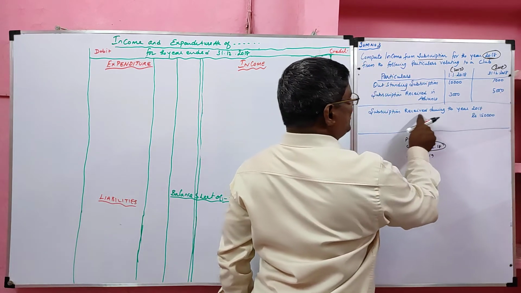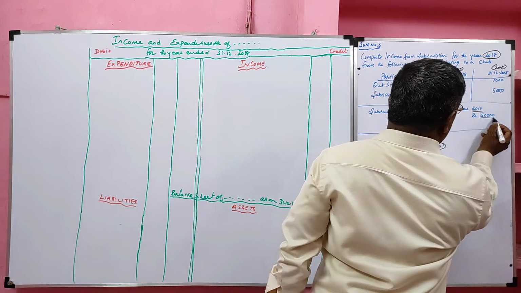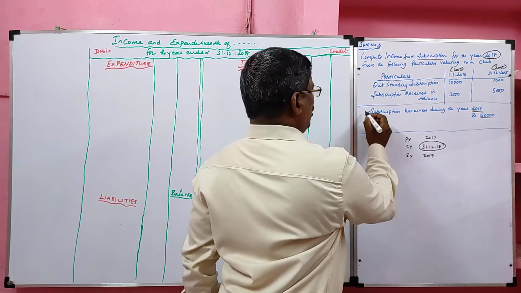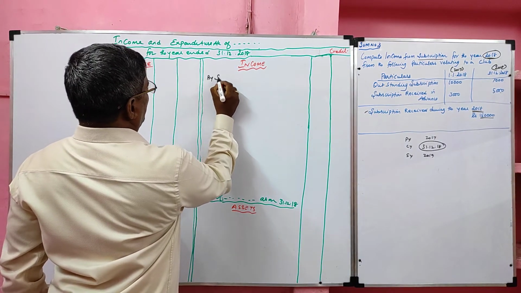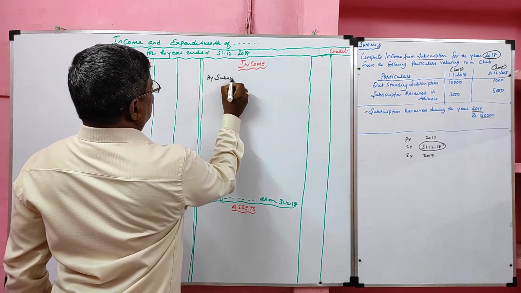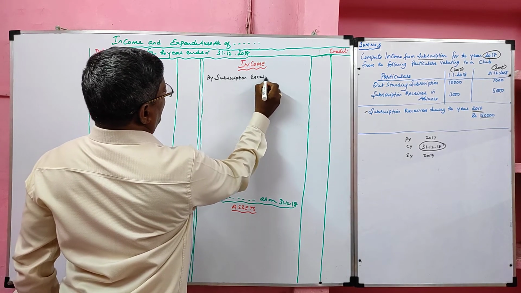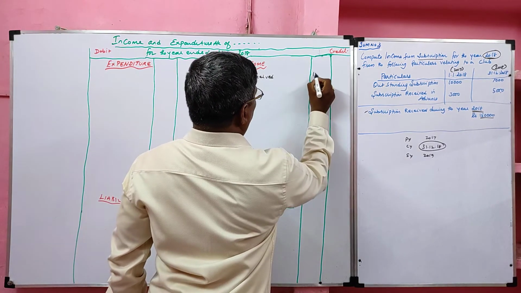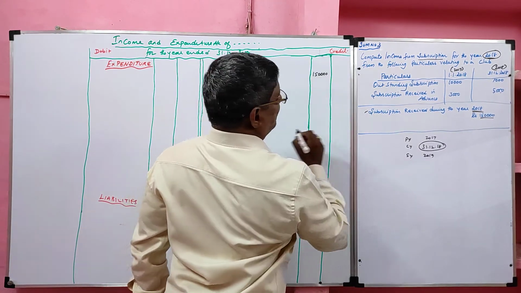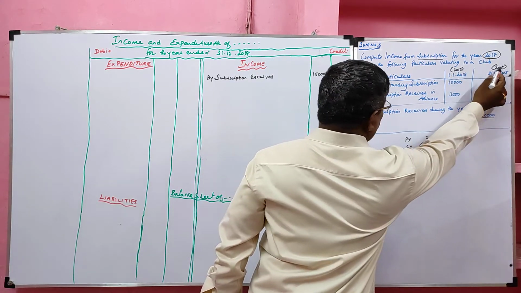Next, subscription received during the year. Current year received subscription rupees 1,50,000. First we will take total subscription received. Totally how much we received during the year? 1,50,000. Then outstanding subscription, this is last year, this is current year.